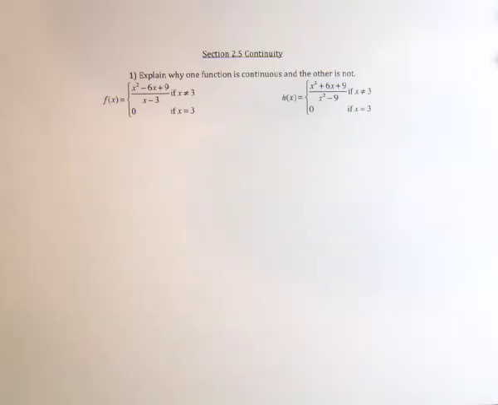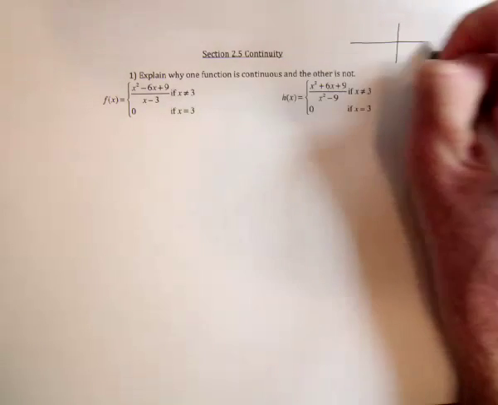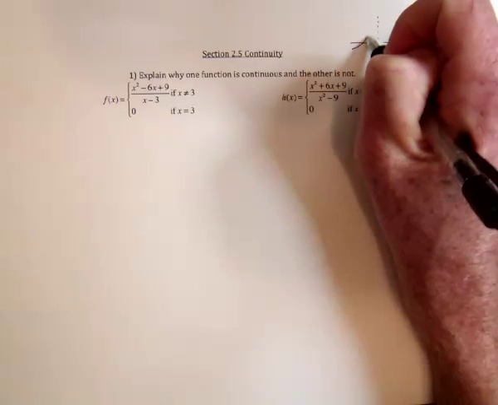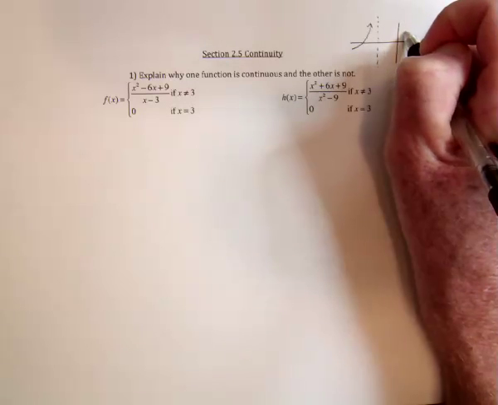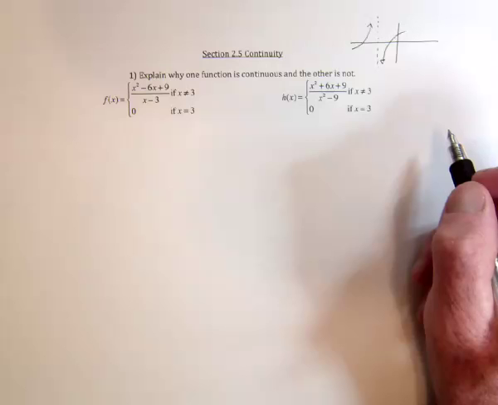So one of these functions is continuous and the other is not, although they look very similar. Some examples of being not continuous would be if, for example, there was an asymptote. Let's say this side goes up to infinity and this side goes down to negative infinity. That's not continuous.